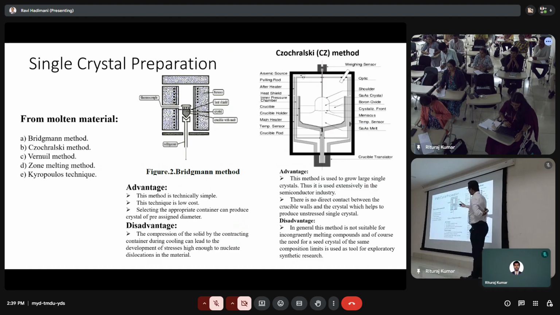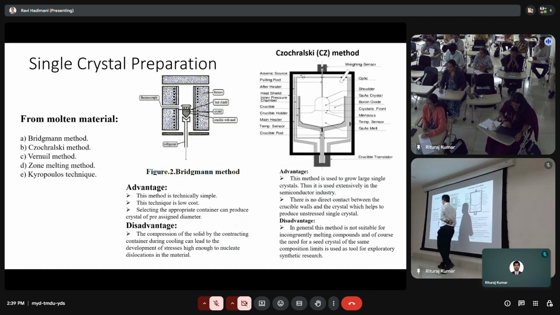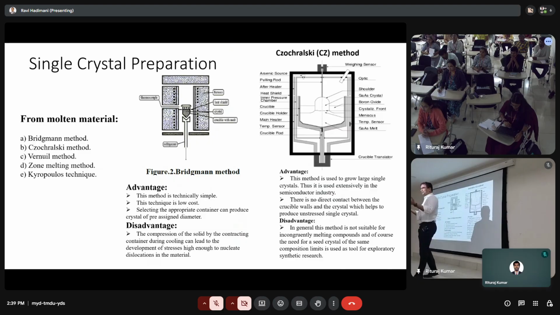Okay, so there are several ways you can make single crystal materials. The most popular one is called the Bridgman method, and the other one is called, let's see, can anyone pronounce this? Czochralski. Have you guys studied Czochralski? Okay.